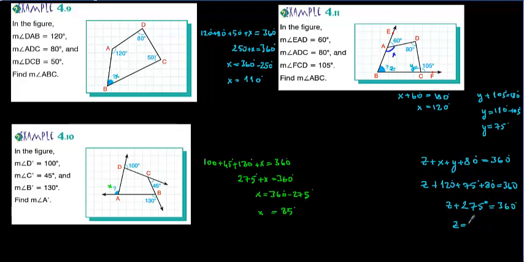So z is equal to 360 minus 275, and we are going to find that z is equal to 85 degrees. From the previous question, we also found that one. So these are the solutions for the quadrilateral.